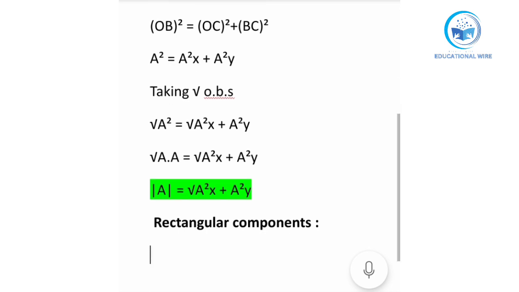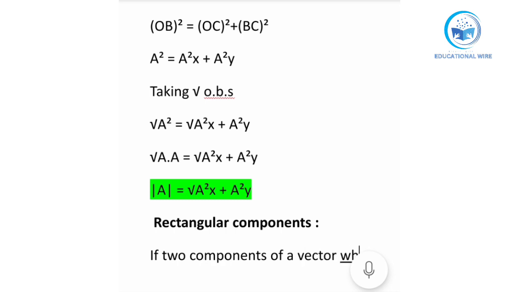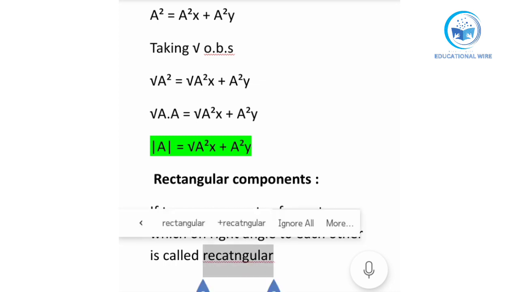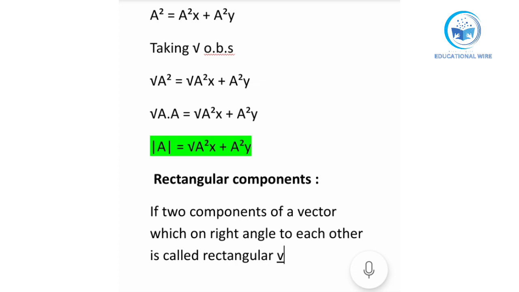In rectangular components, actually what happens is that if two components of a vector which are at right angle to each other, they are called rectangular components.